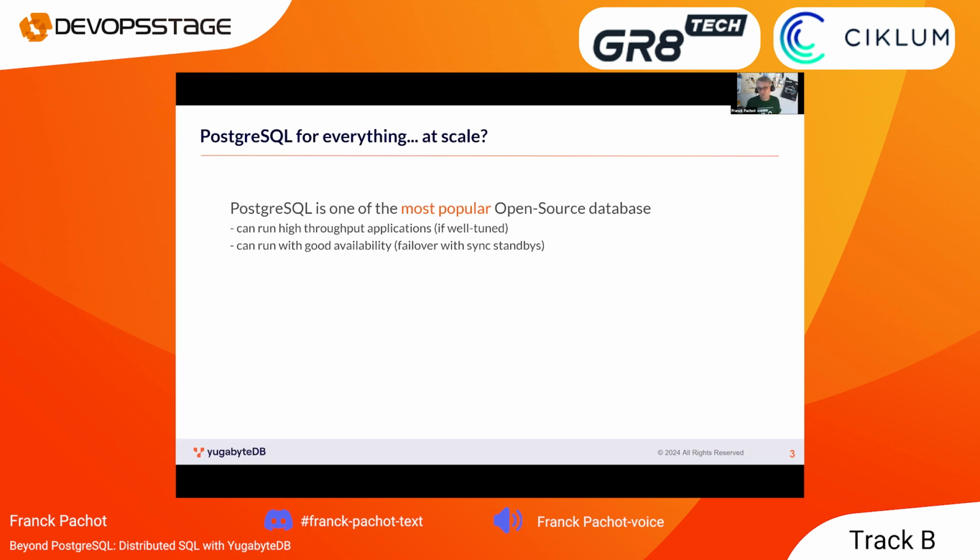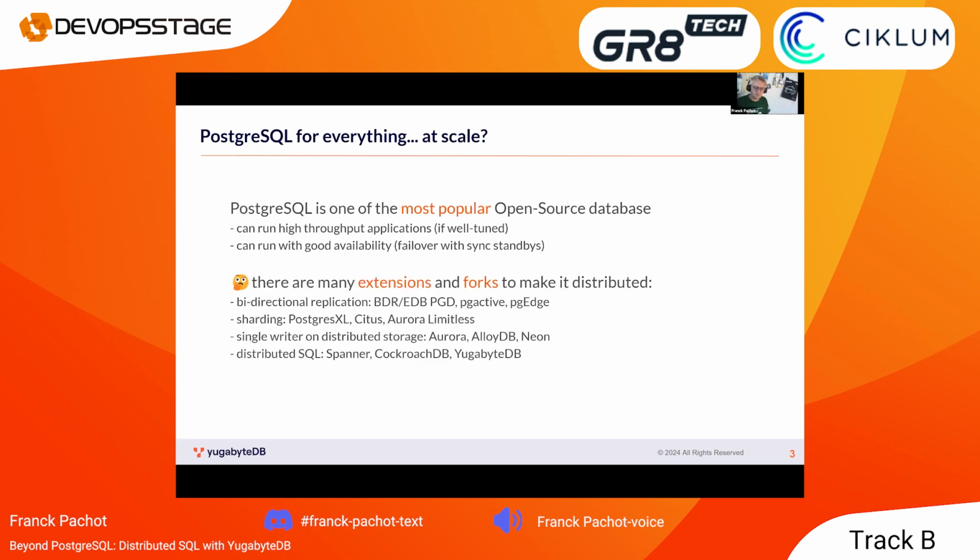And you can also provide good availability. I'm not saying high availability, but good availability. Because you can have a standby database and you can automate the failover with Patroni, for example, or when you run on managed services.